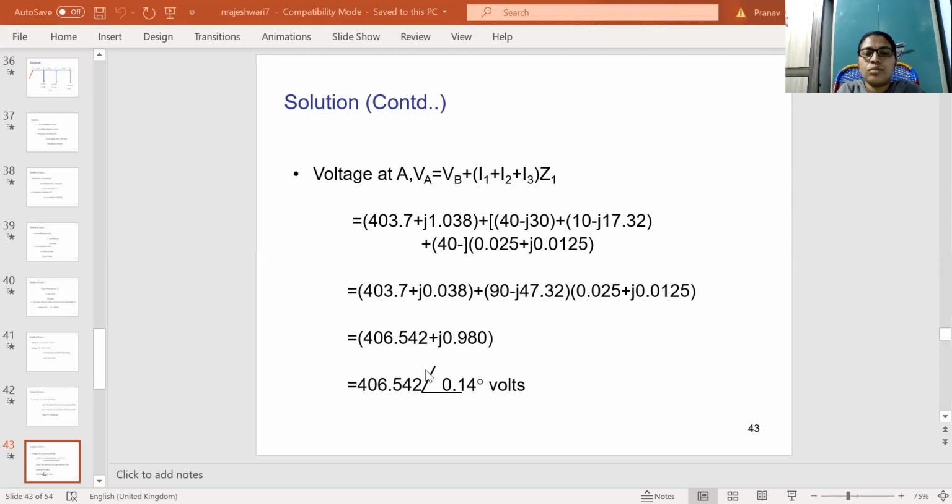So what should be the voltage at A? It is 406.542 at an angle of 0.14 degrees volts to maintain the voltage at D as 400 volts. So this is the voltage at A.